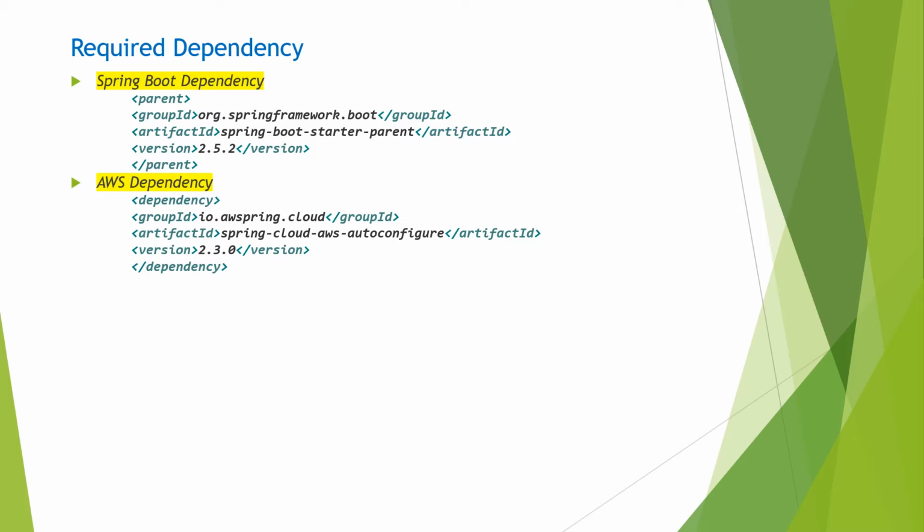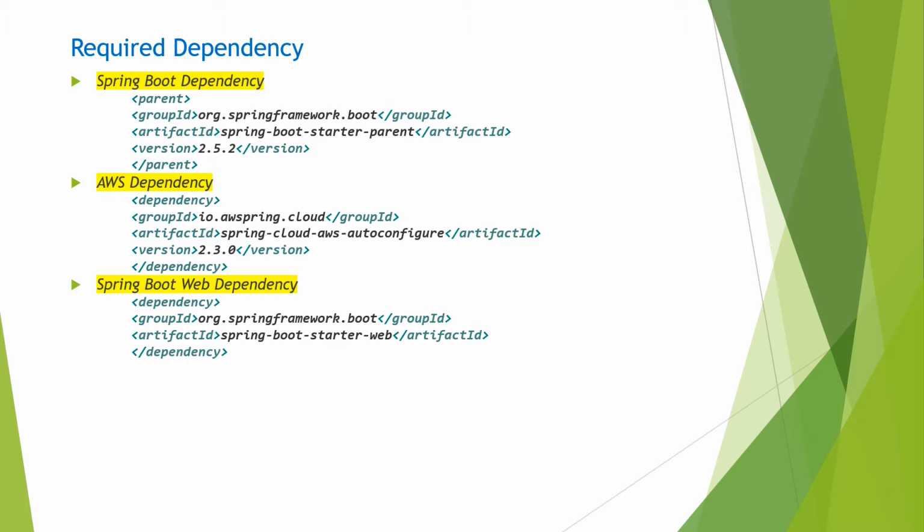We need to add that AWS auto configuration, which is now in the slide. This auto configuration is a kind of umbrella to interact with AWS. So all the related jar files will be downloaded in our project. That jar file we have to use to interact with AWS S3.